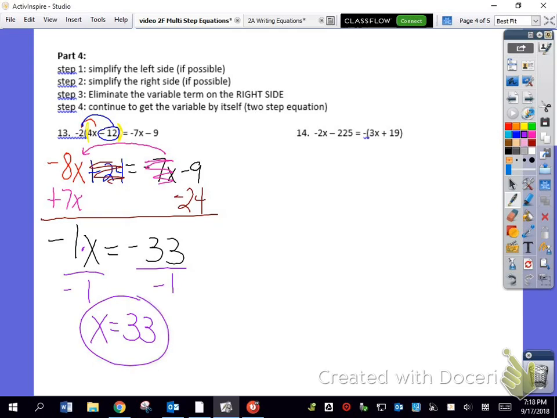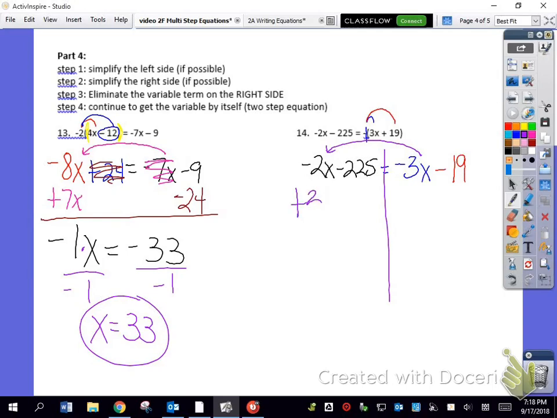Okay? On 14, on the left side, I don't have anything, so I'm going to bring it down. Negative 2x minus 225. I can't collect like terms, and there's no parentheses. Equals, on this side, I don't have a number, so I put a 1 there. Negative 1 times 3 is negative 3x, and negative 1 times 19 is negative 19. Now, I want to move negative 3x to the other side. That becomes positive 3x, so he's gone.